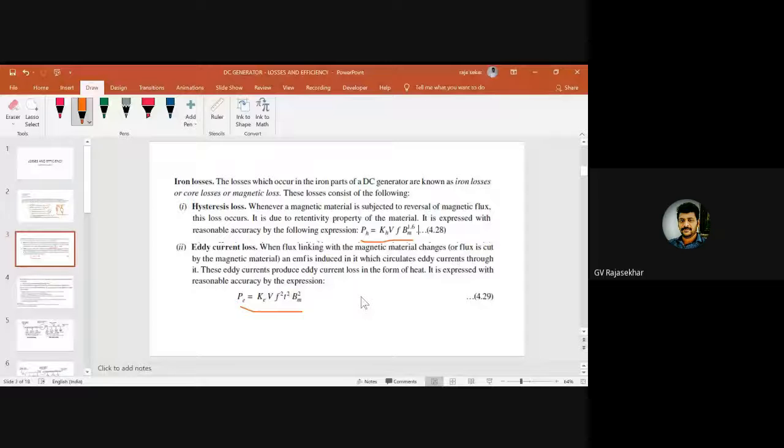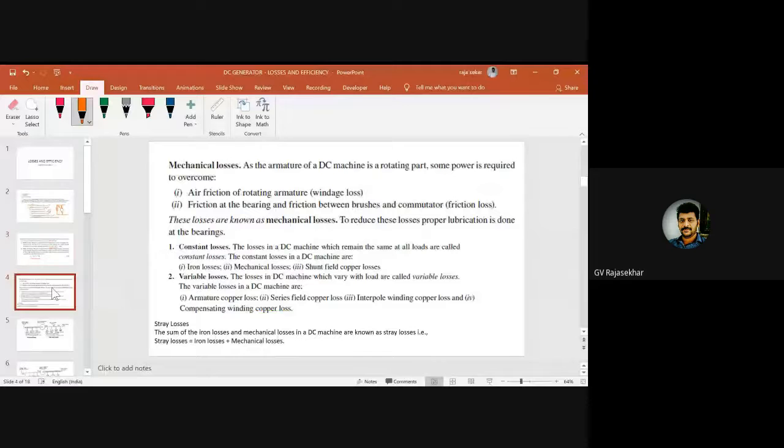If it is a properly laminated core, we will have very little eddy current loss. These two losses make up the iron loss. Another name for iron loss is core loss.